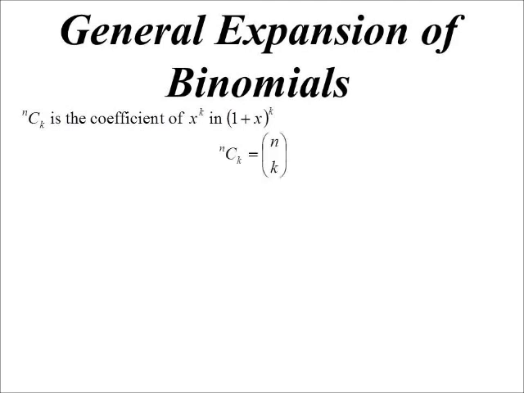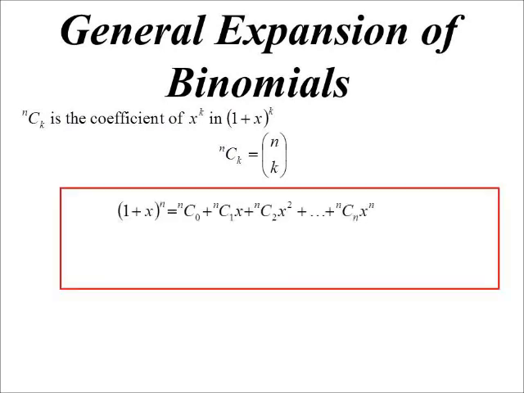Alternative notation for nCk is n over k in parentheses, not a fraction, so there's no fraction bar. So the actual expansion would be nC0 + nC1 x + nC2 x squared, and so on up to the last one, nCn x to the power of n.